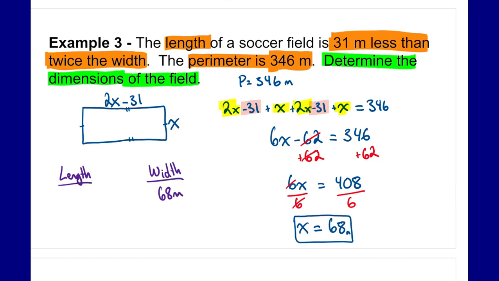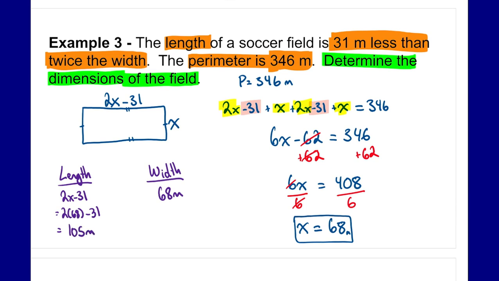For the length, it's 2x minus 31, or 31 meters less than twice the width. So that means it's 2 times 68 minus 31 is equal to 105 meters.